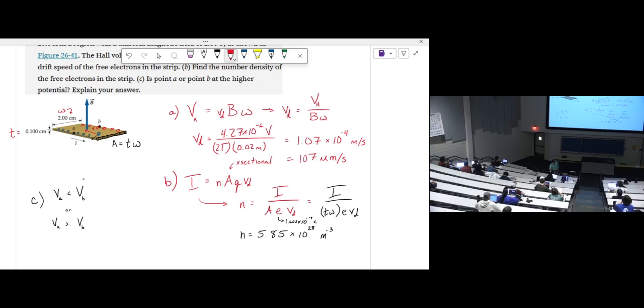So that means that V B is going to have higher potential than V A, because positive charges create areas of higher potential, negative charges create areas of lower potential. So V A is less than V sub B, or another way to say it is the potential at B is greater than the potential at A.